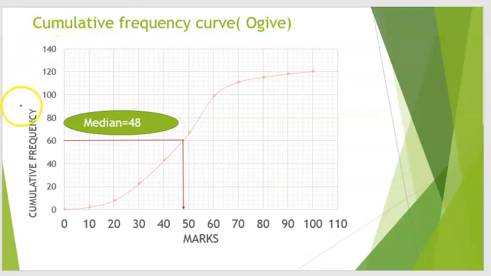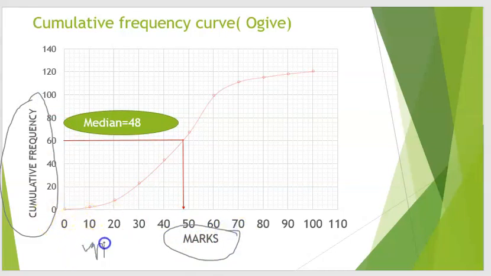Remember, we've already said that on the y-axis, we are putting the cumulative frequency, and on the x-axis, we are putting the upper class limits. Remember, if the data is not starting from 0, then it's wise to break the graph.